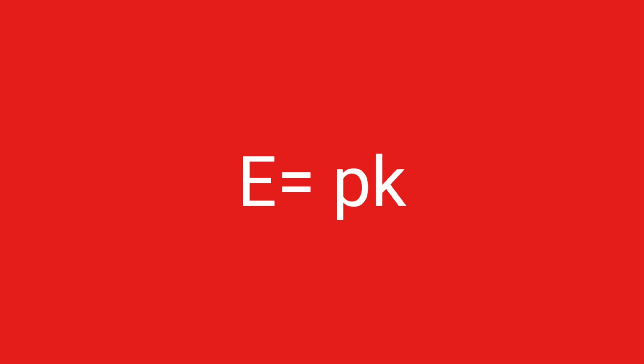If a nucleon can have a maximum of p neighbors within the range of the nuclear force, its binding energy would be proportional to p.